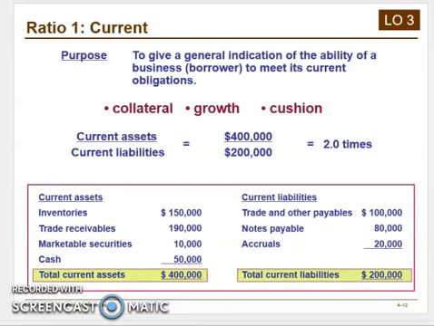So our current assets divided by current liabilities gives us our current ratio. This information is coming from the balance sheet for Modern Industries. The current assets are 400 divided by current liabilities, which is 200, and they have a ratio of 2 times. So the current assets are 2 times that of the current liabilities.